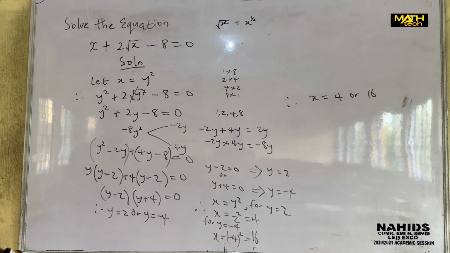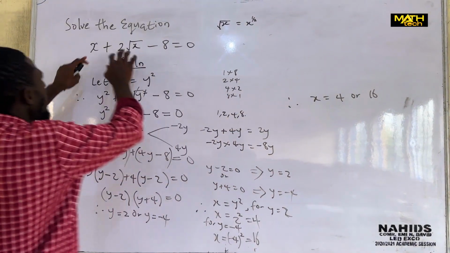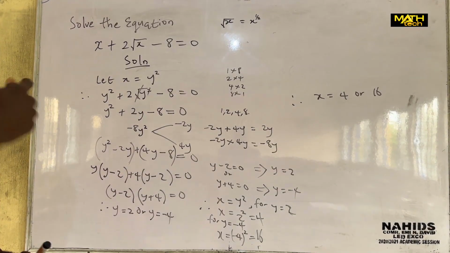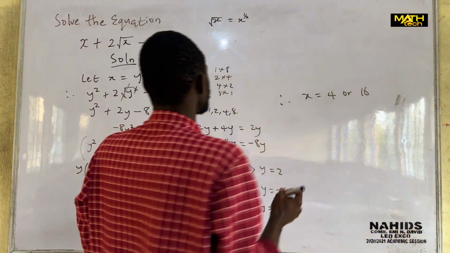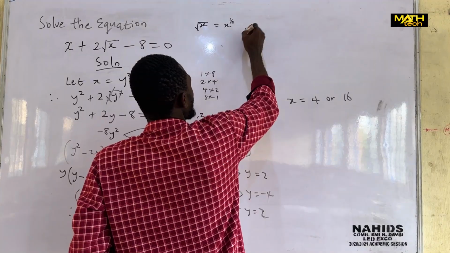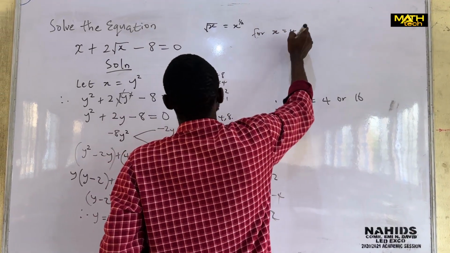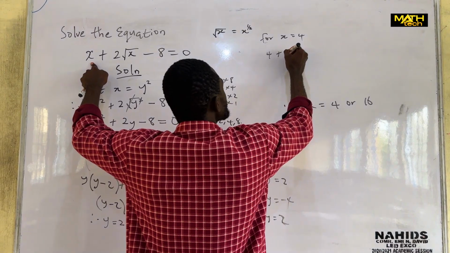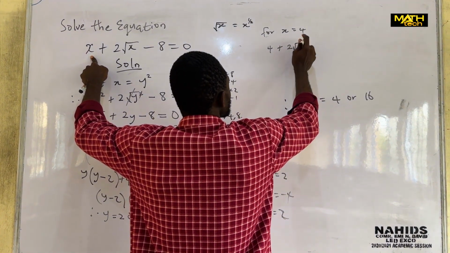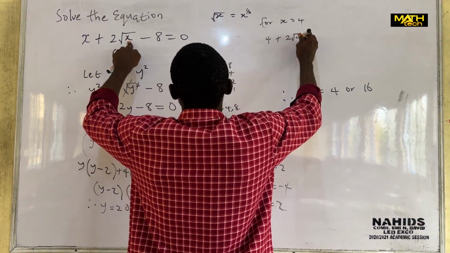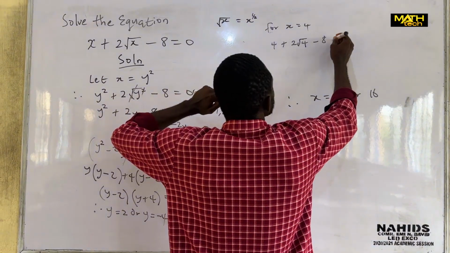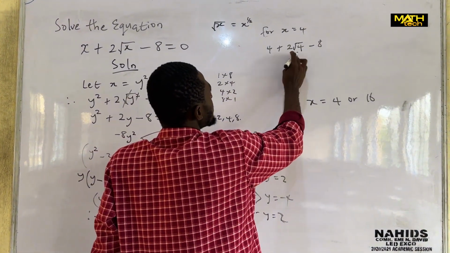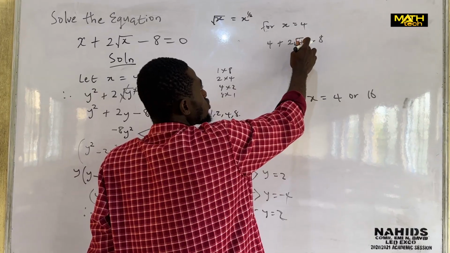Now let's check if this answer is correct. Let's check if we impute this value of x back into this expression here, if we will get the result 0. So let's test our results. Testing the results for x equal to 4. For x equal to 4, we have here x plus 2 square root of x minus 8, which is what? 4 here, okay, 2 square root of 4 is what? 2.